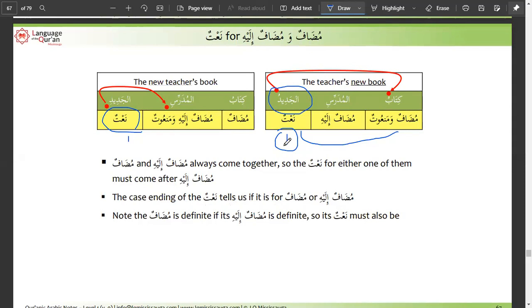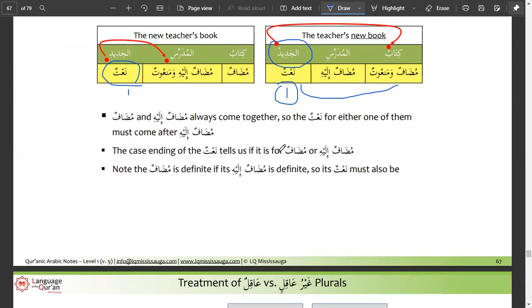So we have to note the ending of the naat. Al-Mudarrisil Jadidi: their endings are the same as the mudaf ilay.